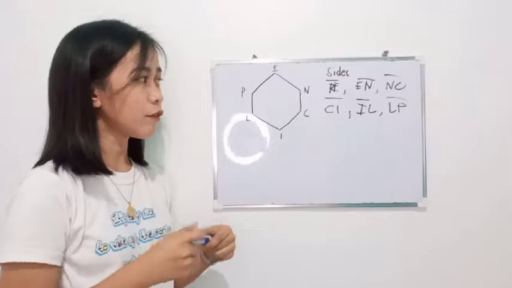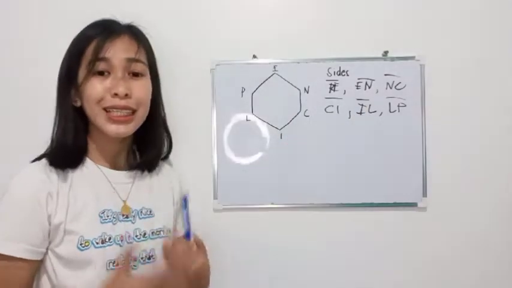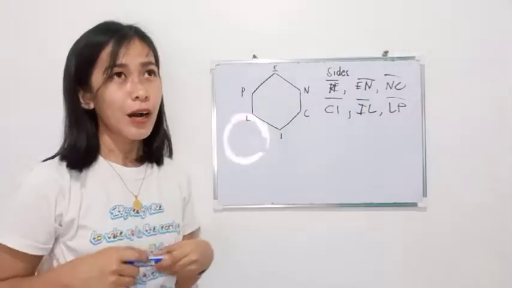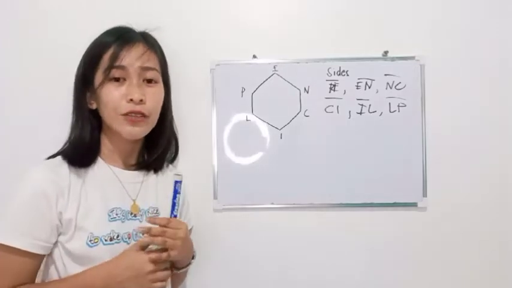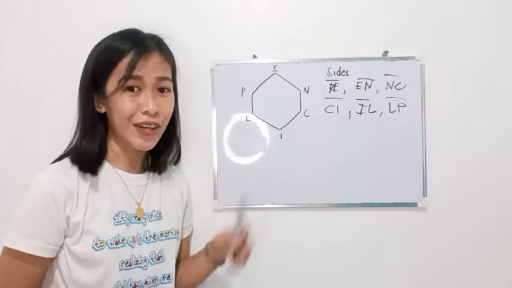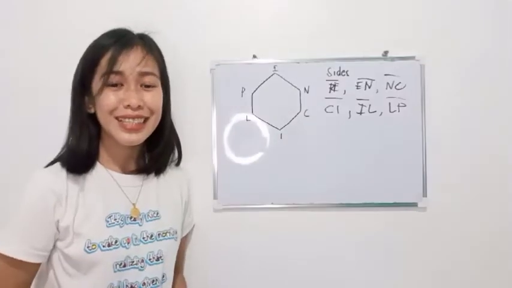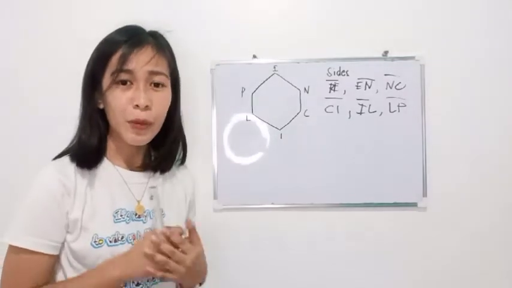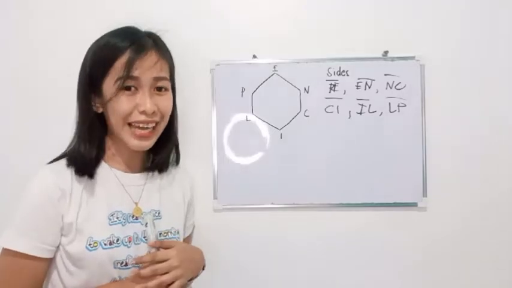So by that we have 1, 2, 3, 4, 5, 6 sides of a polygon. Ano kaya ito kung meron tayong 6 na sides ng polygon? This is a hexagon, right? And mamaya i-discuss ko ang classifications of a polygon depending on its sides, alright?